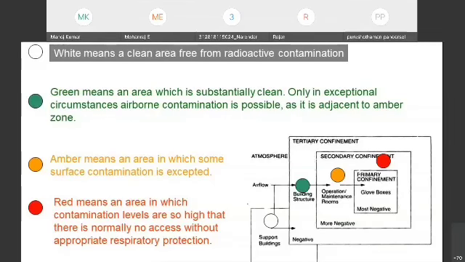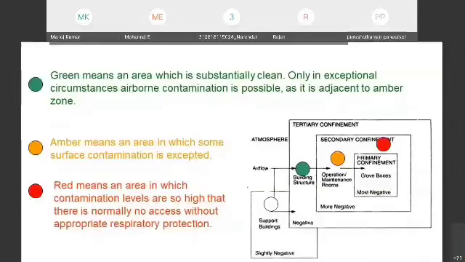Next is the amber zone. Amber zone means an area in which some surface contamination is expected. So here there could be some contamination because of the radiation. Next is the red area. Red area means an area in which the contamination levels are very high, so generally nobody is allowed to go inside, because radioactive material and such will be stored inside this red area.